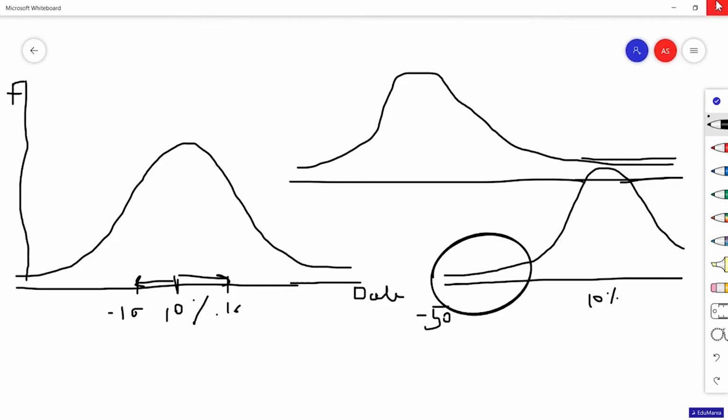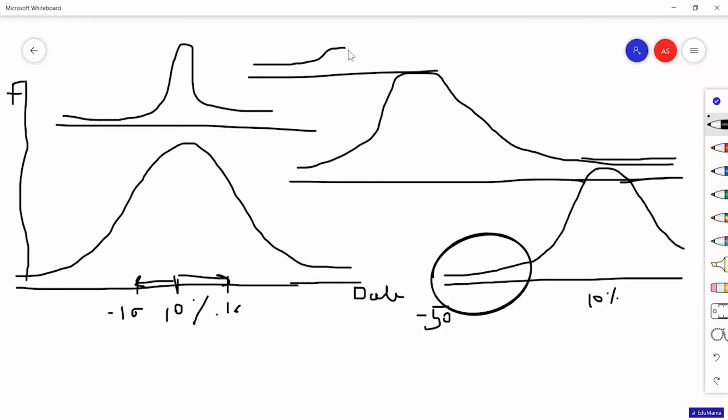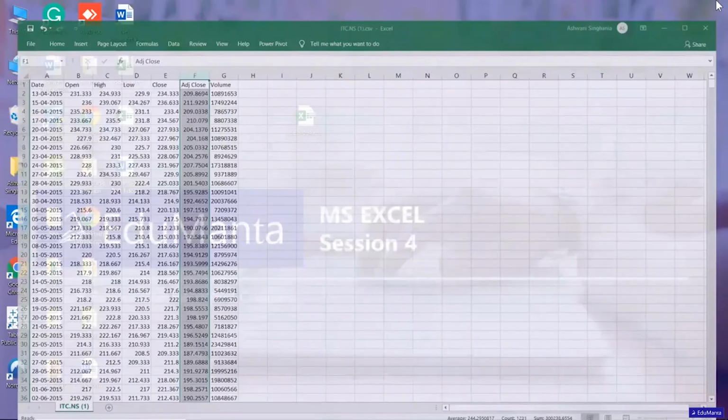Whereas kurtosis means the shape of the bell. The data can be distributed like this, or maybe like this, a very little bump or very high bumps. I'm trying to help you understand in terms of diagrams what skewness and kurtosis look like.